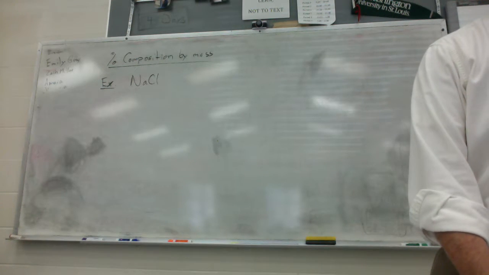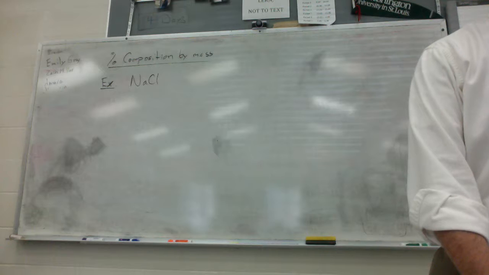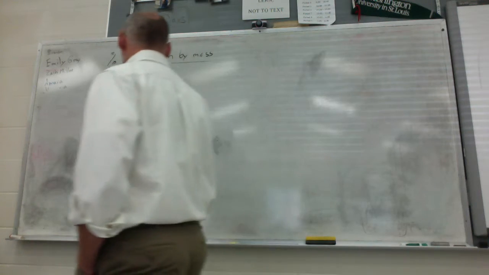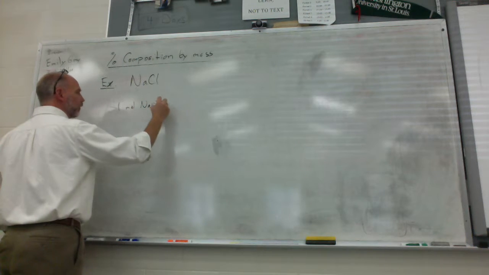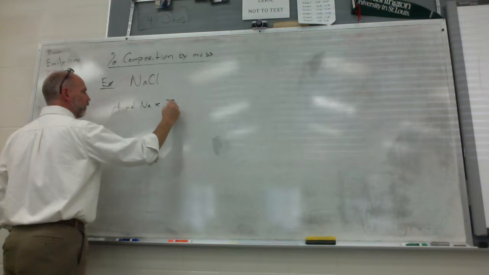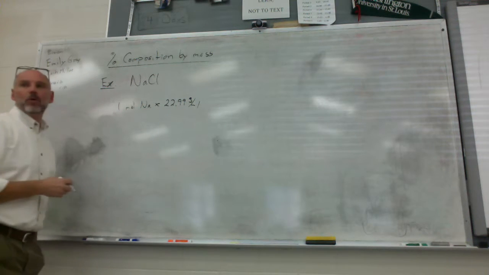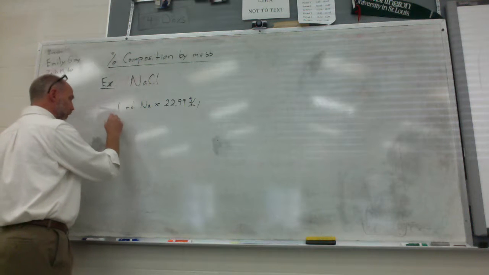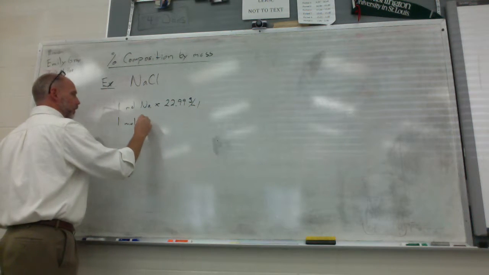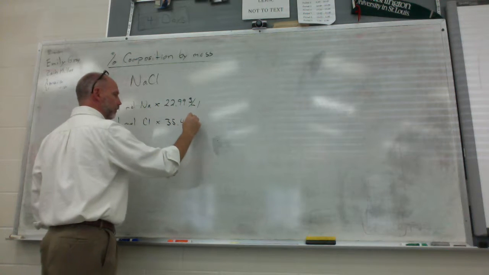Well, I need to know the mass of the sodium that's in sodium chloride. How many sodiums are there? 1. And what's the mass of sodium? 22.99 grams. How many moles of chlorine? There's 1. And the mass of chlorine is 35.45.